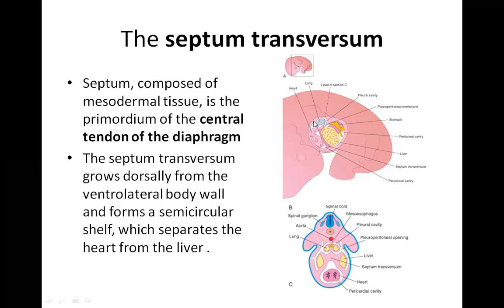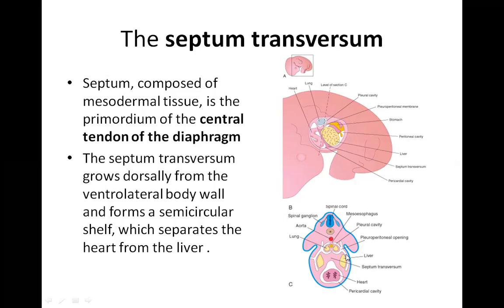So the septum transversum is formed from mesodermal tissue, and it will contribute to the central tendon of the diaphragm. The diaphragm has many parts. It has a central tendon, crura, a muscular part, and a peripheral part. The central tendon of the diaphragm is contributed by the septum transversum.